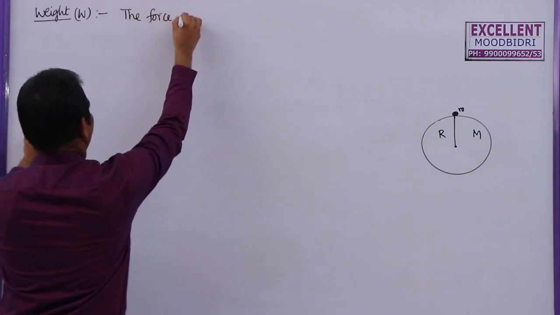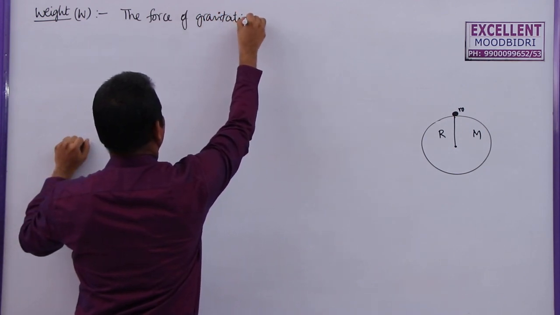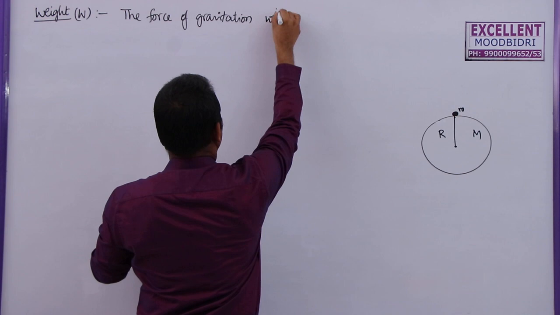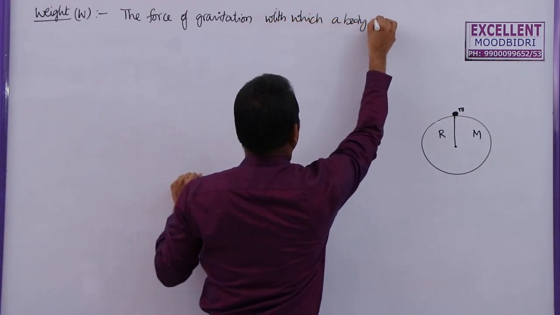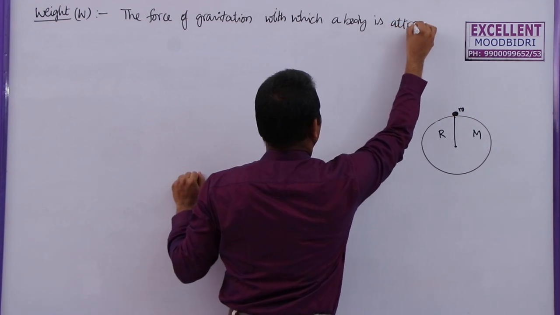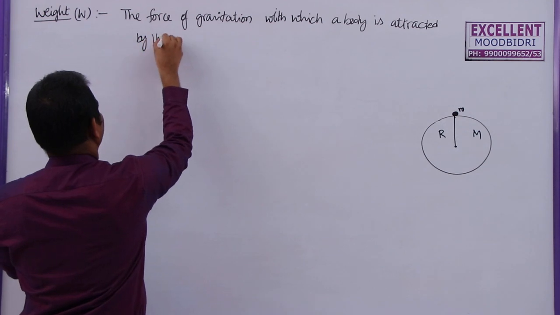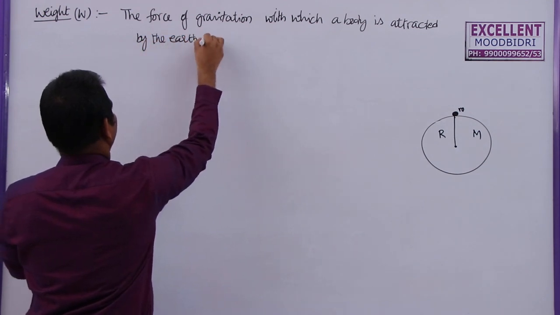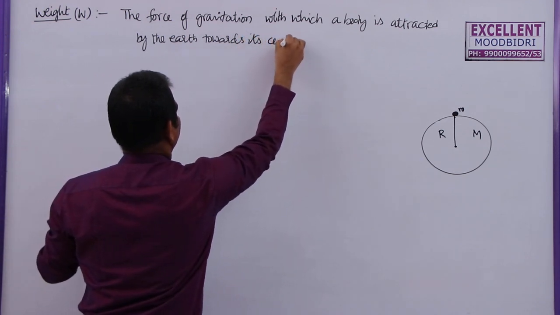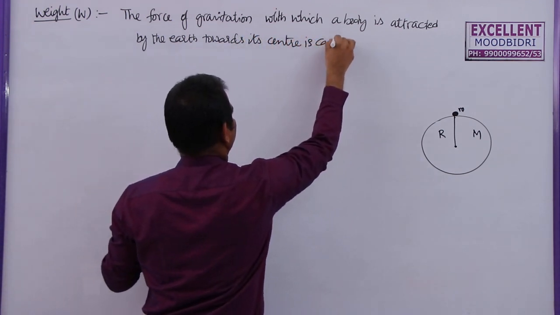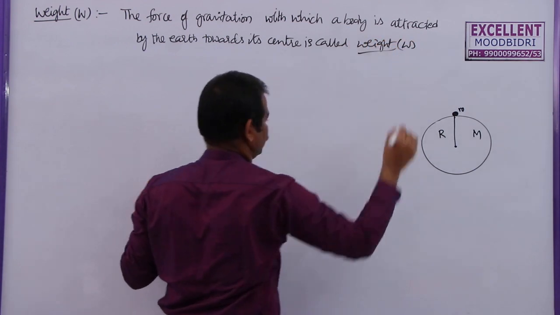The force of gravitation with which a body is attracted by the earth towards its center is called the weight of the body. We generally denote it with W.